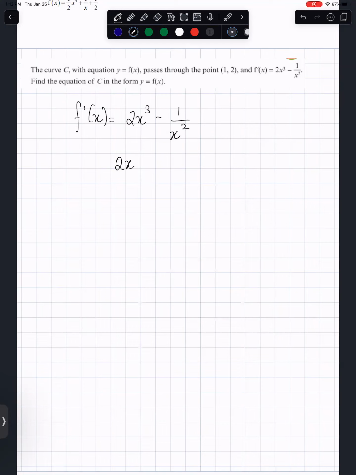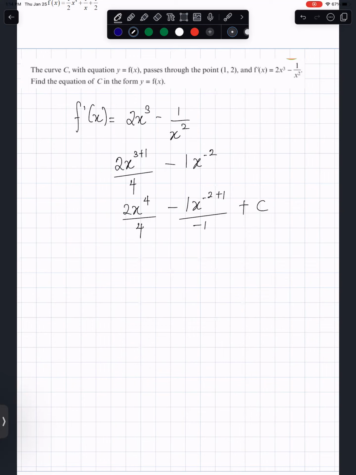That is 2x cubed, 3 plus 1 divided by 4 minus 1 into x minus 2. Okay, so this is what we have there. I'm going to have 2 x raised to the power of 4 divided by 4 minus 1 x minus 2 plus 1 divided by minus 1 plus c.